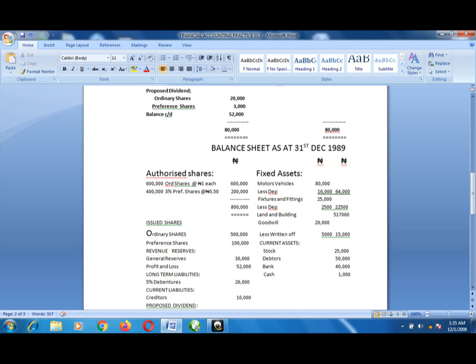Under additional information, the information is not given concerning the debenture interest. And if the information is given concerning the debenture interest, that is debenture interest accrued or owing, you calculate that 5% debenture interest. If the actual figure is not given, you calculate it and you add it to the original figure of debenture interest.